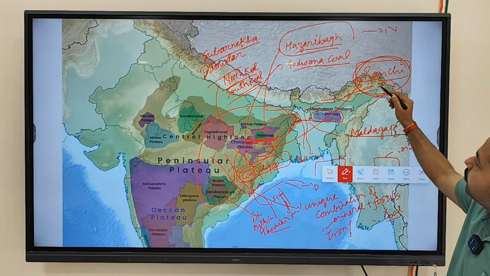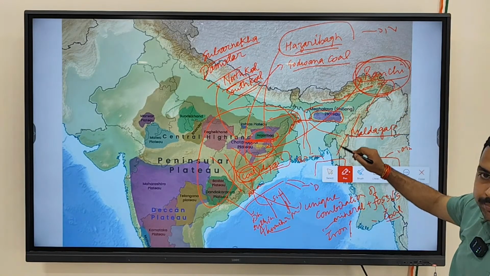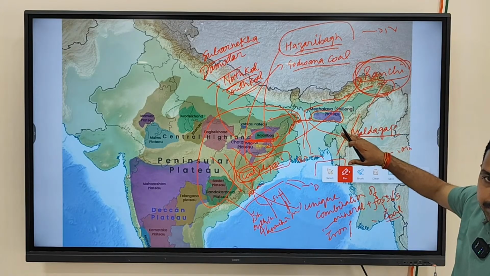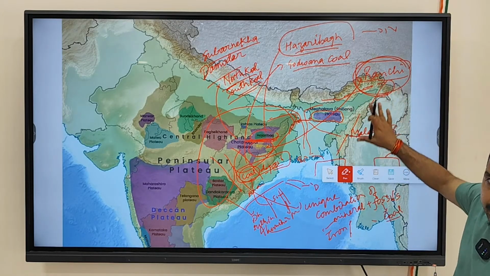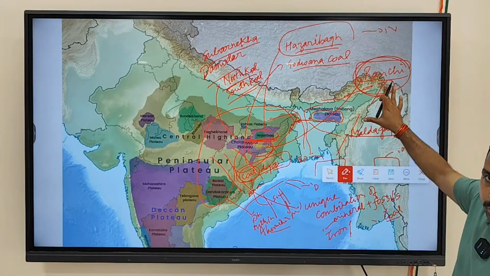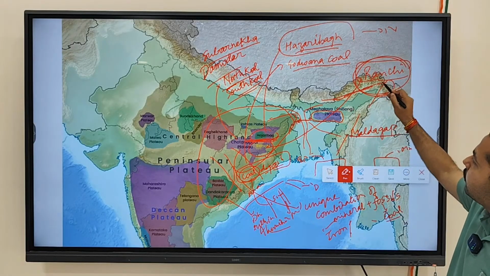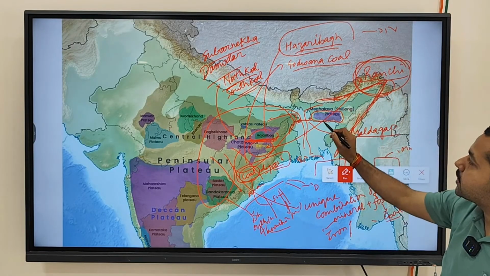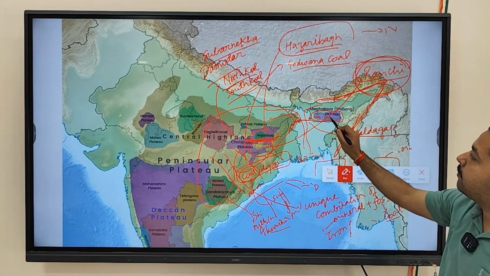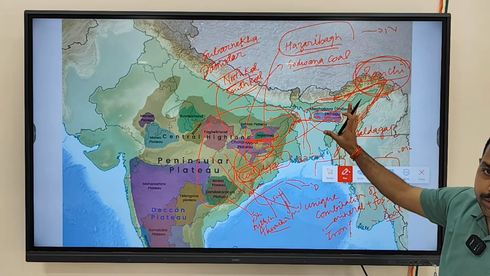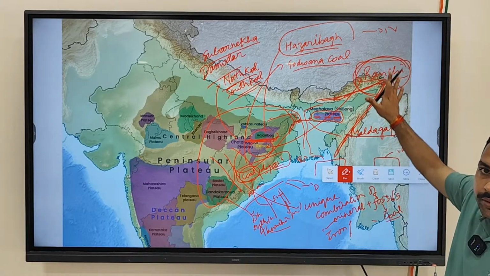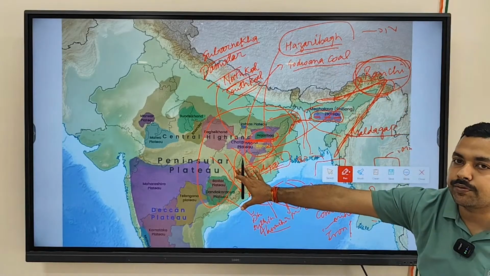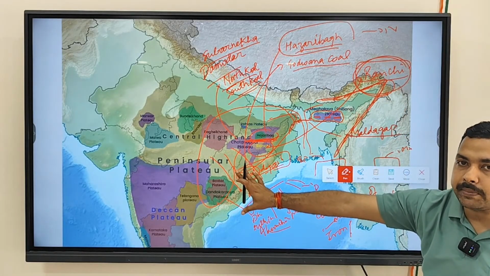The hills found in Patkai Bum, Naga Hills, Manipur, Mizo Hills, these are nothing but the Purvanchal Hills. They are part of the northern mountain complexes, but the hills that you find in Meghalaya are not part of the northern mountain complexes. They are part of the Peninsular Plateau region.